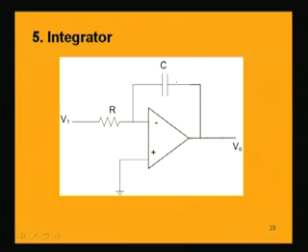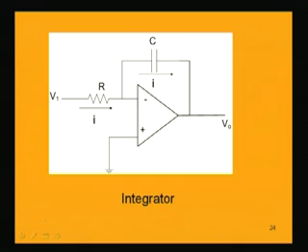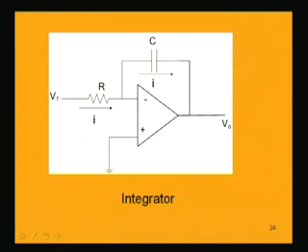In order to know what is V naught, we will be using a similar analysis to the way we followed earlier. Suppose the input current I is flowing from V1. It cannot enter into the op-amp, so it will be flowing out through C, the same I. Now, if we apply Kirchhoff's voltage law, there are two loops we can consider.